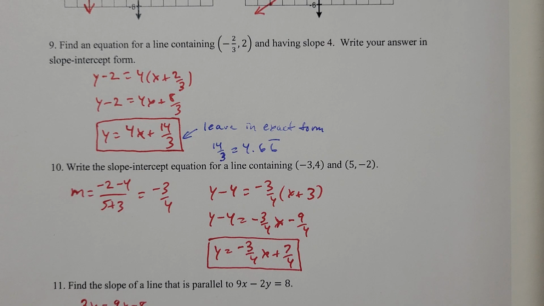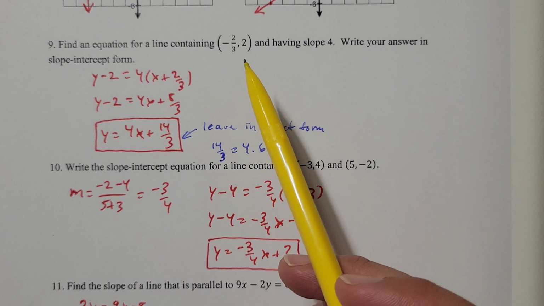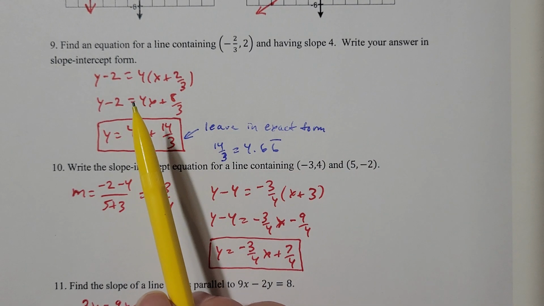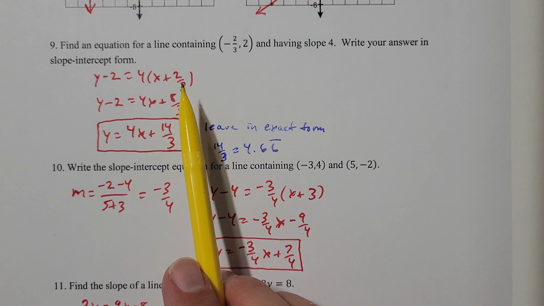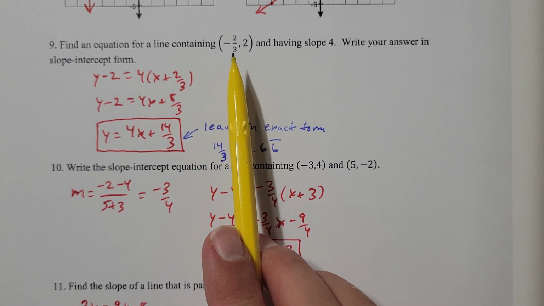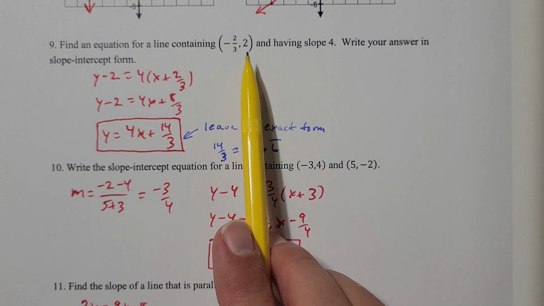Point-slope form is another common form of a line, and that's where you have y minus y1 equals the slope times the quantity x minus x1. So x1 is -2/3, y1 is 2.